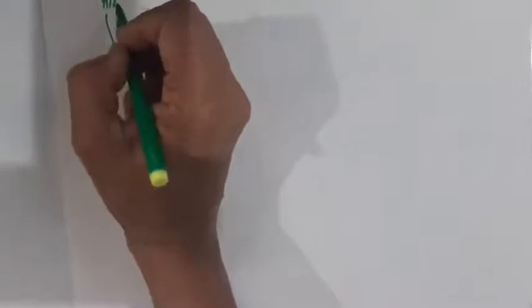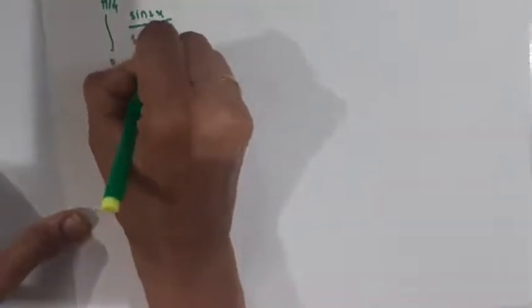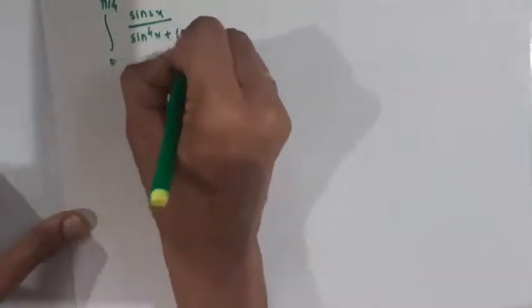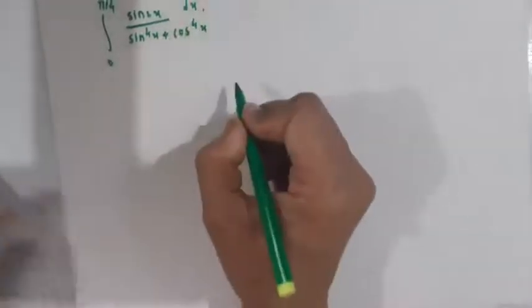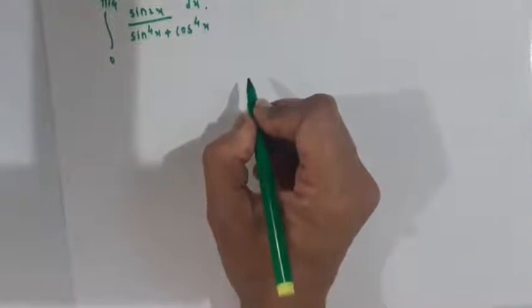Students, in question number 3 there is one correction: the upper limit is given as 0 to 4 pi instead of pi by 4, and the problem is sine of 2x upon sine raised to 4x plus cos raised to 4x with respect to x. So students, by using two methods you can solve the problem.